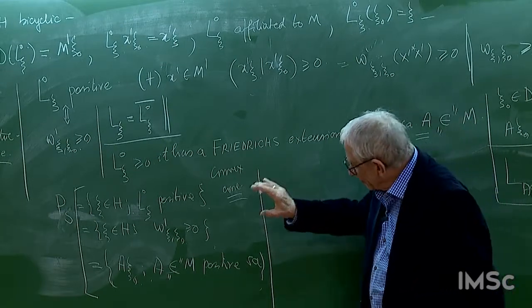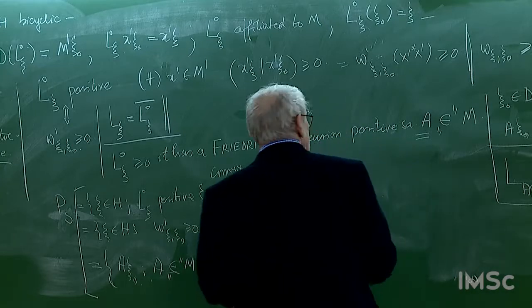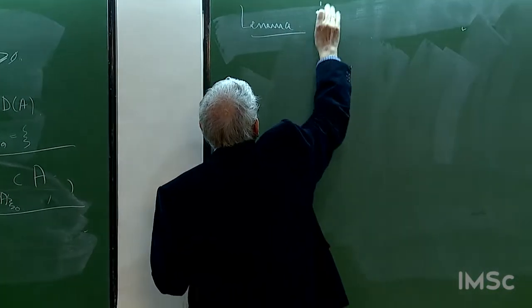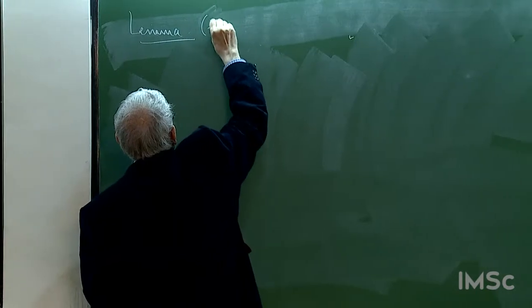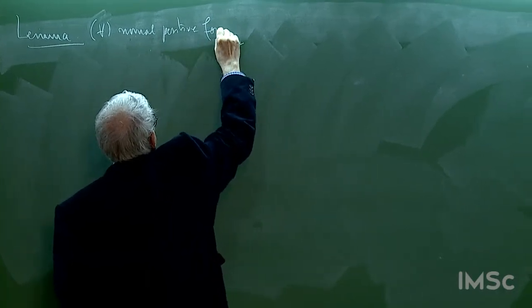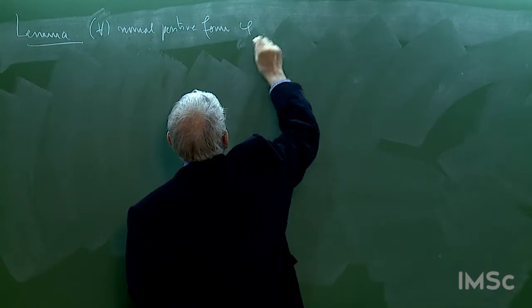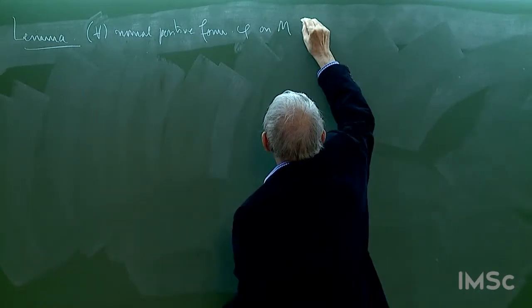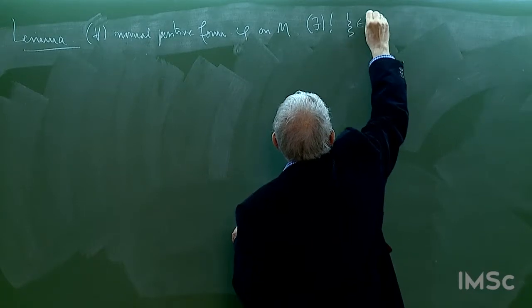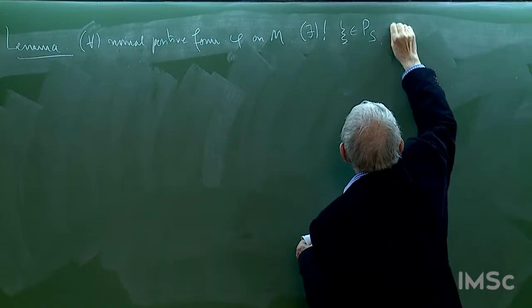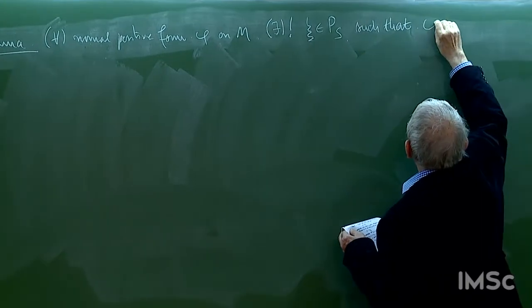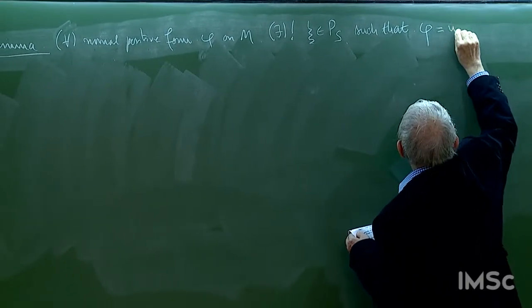For the moment, we concentrate on this cone, and what I will show is the following lemma. For every normal positive form phi on M, there is a unique vector psi in this cone P sub S such that phi is equal to the vector form omega sub psi.